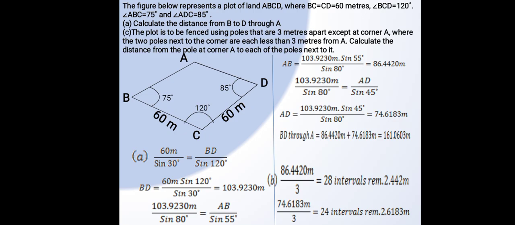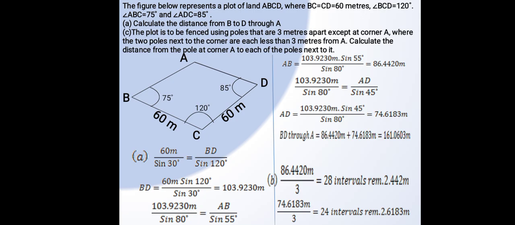Now let's look at AB. AB, 86.4420 meters divided by 3, we shall have uniform intervals of 28, and then we shall remain with 2.442, which is not divisible by 3.